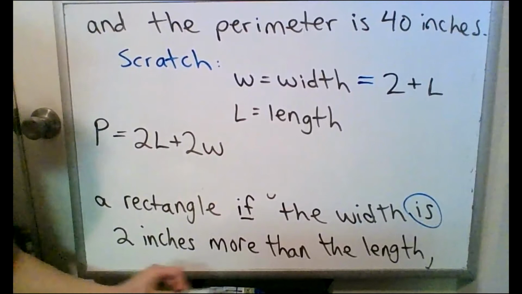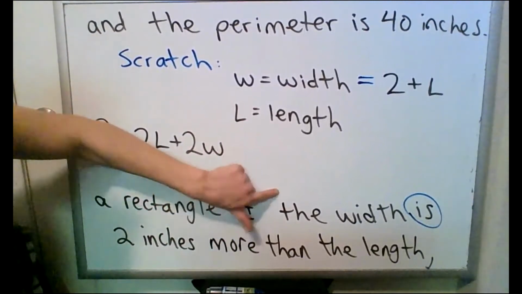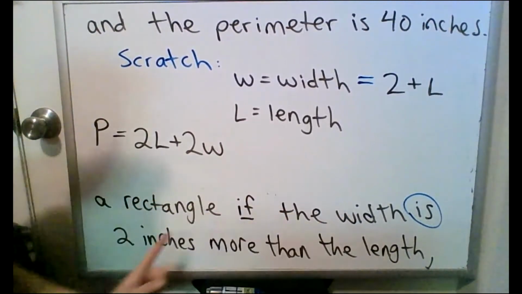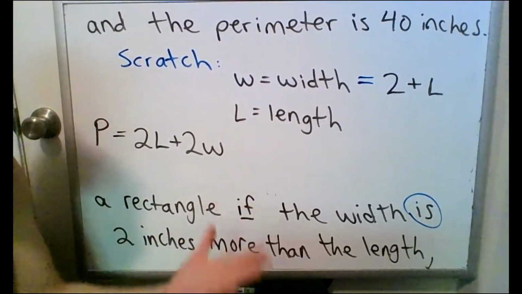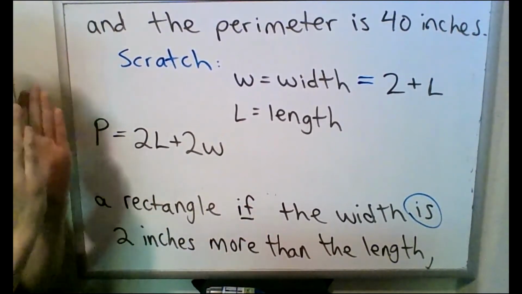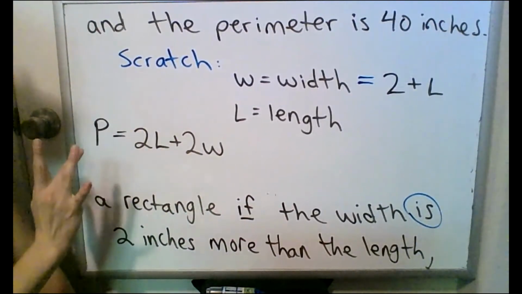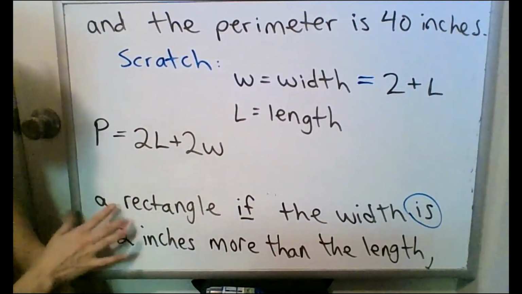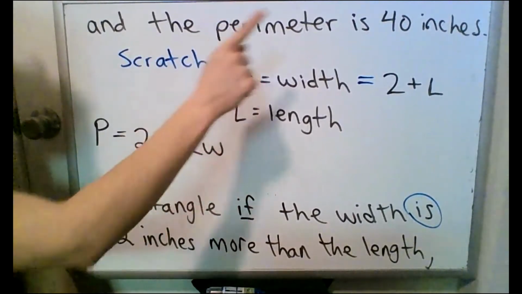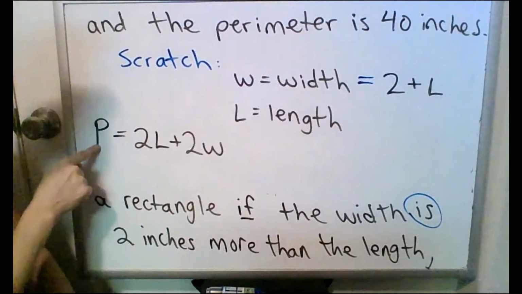And just thinking through that again, the width is 2 inches more than the length. So whatever the length is, the width is that much plus 2. Now we can put in a little bit more info. We know that the perimeter is 40 inches. So that's going to sit right here.